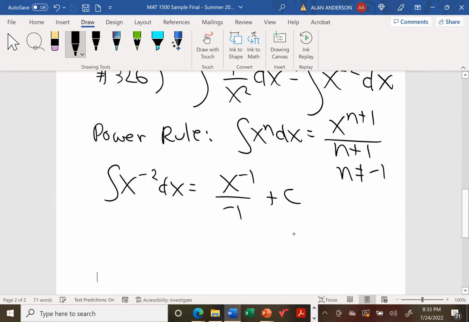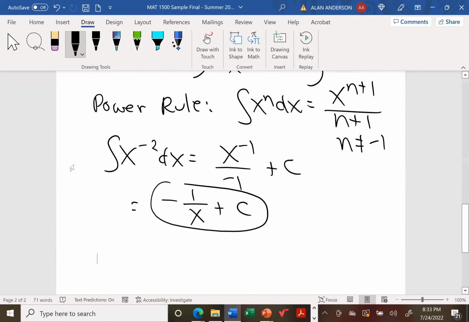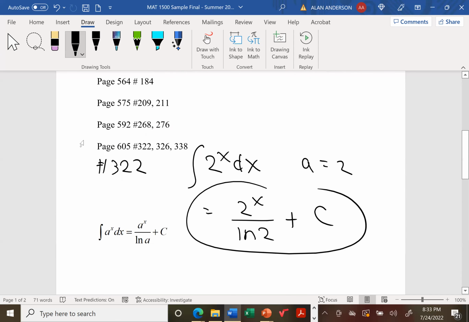And this is the same thing as writing this. If you'd prefer, you could write it as this. And you're done. Beautiful. Now, the next one is, what was it? 338.